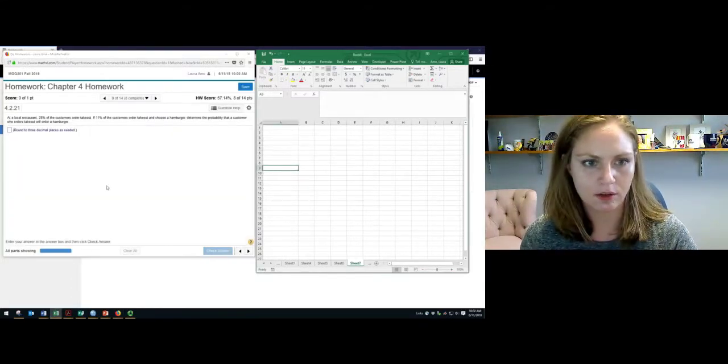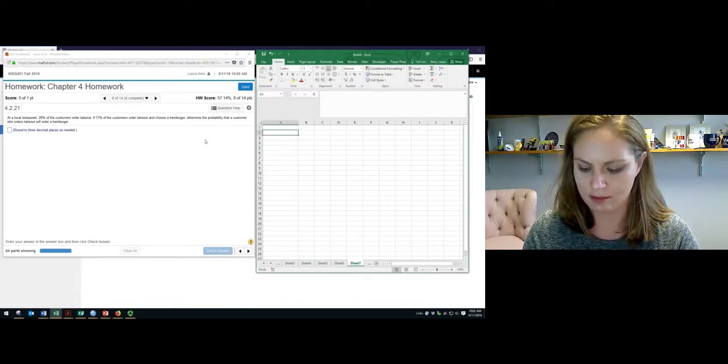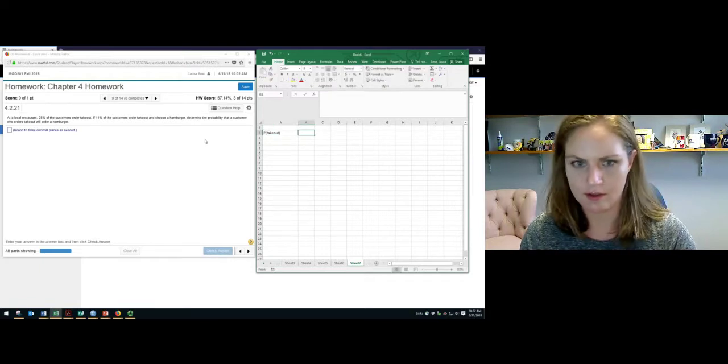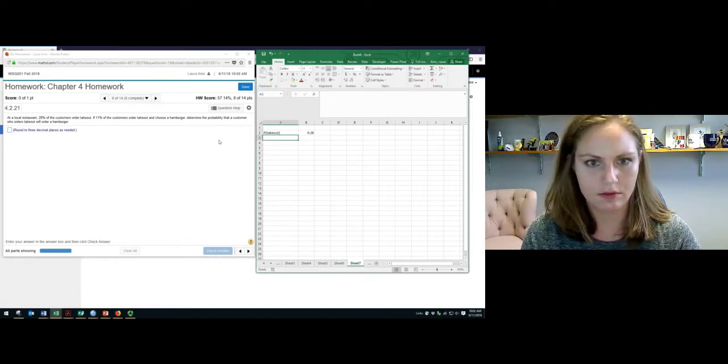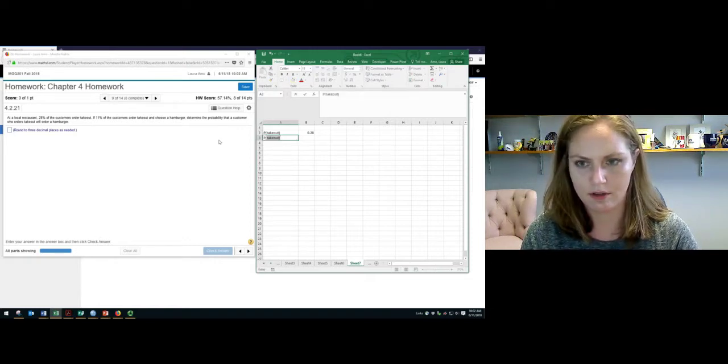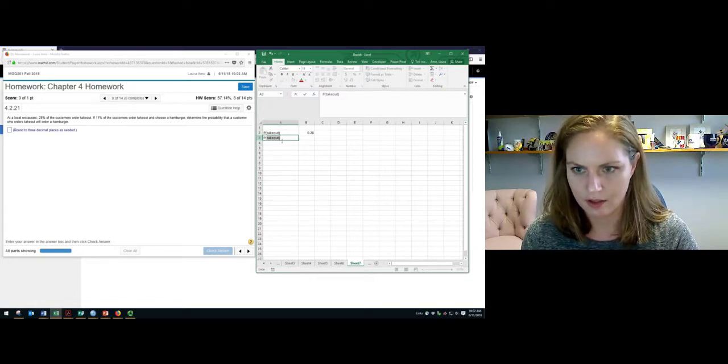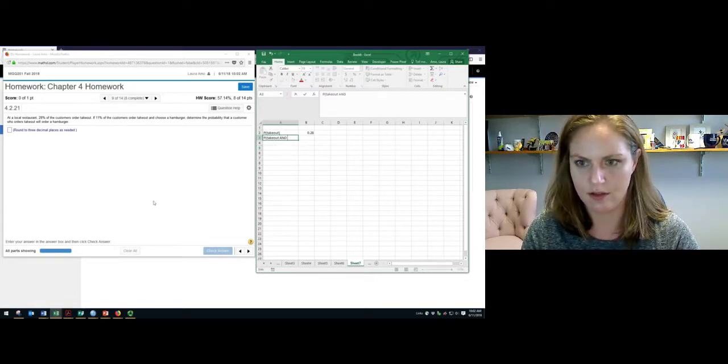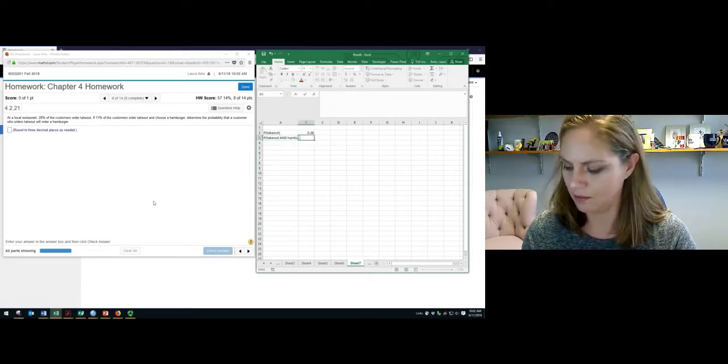Okay, at a local restaurant, 28% of the customers order takeout. So the probability of ordering takeout is 0.28. 11% order takeout and choose a hamburger. Takeout and hamburger is 0.11.